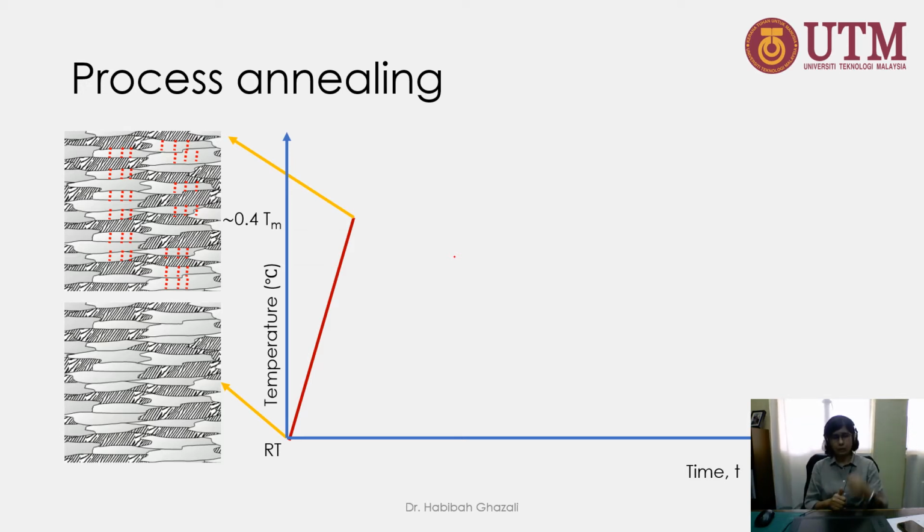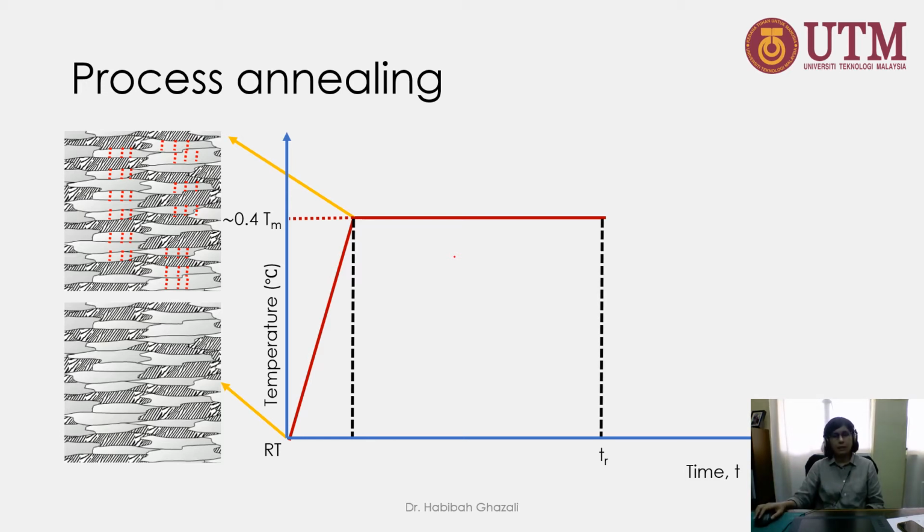When we study diffusion, we know that diffusion will be activated at higher temperature. So atoms will start to move. Dislocation will start to rearrange. They will be more mobile at this point. And that's the process that we call the recovery process. So the dislocations are rearranging themselves.